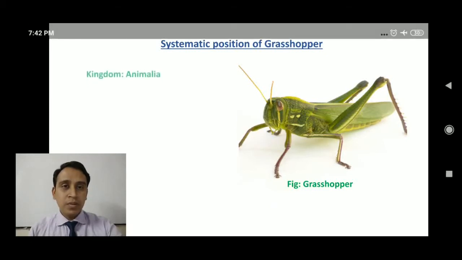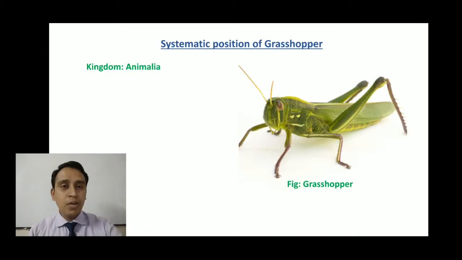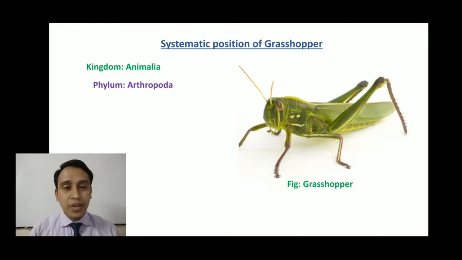Grasshopper belongs to the kingdom Animalia, and the phylum of grasshopper is Arthropoda, because grasshopper bears joint legs and the exoskeleton of grasshopper is composed of chitin. That's why it is included in phylum Arthropoda.